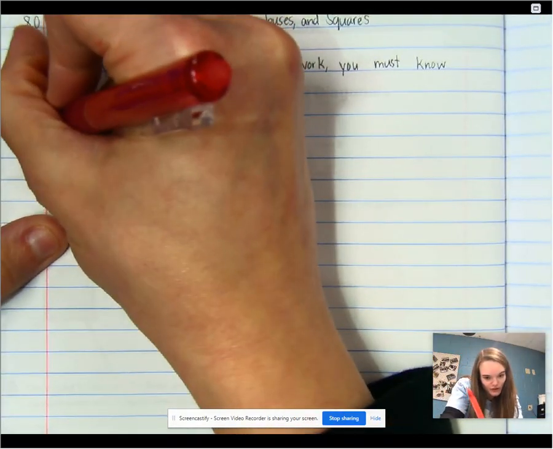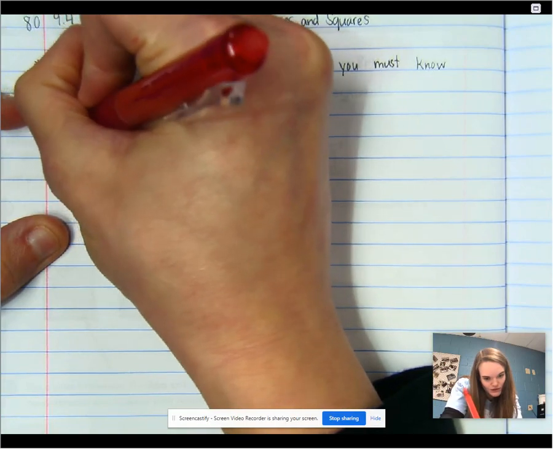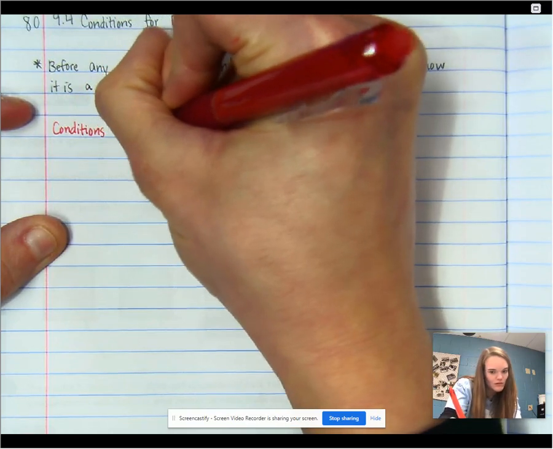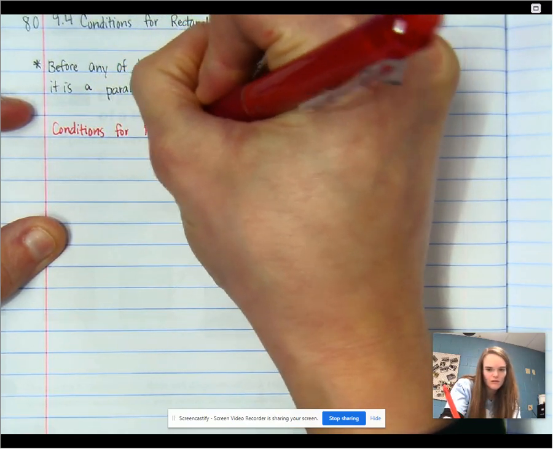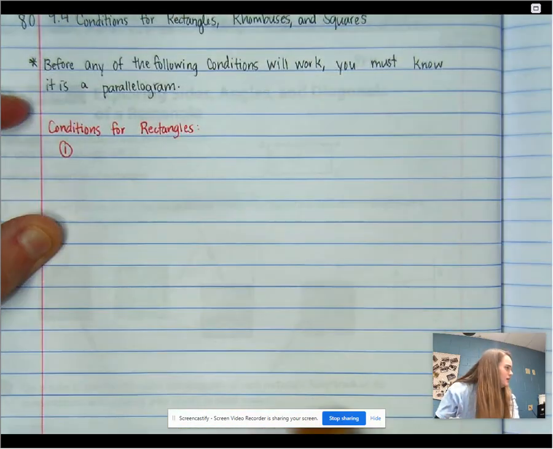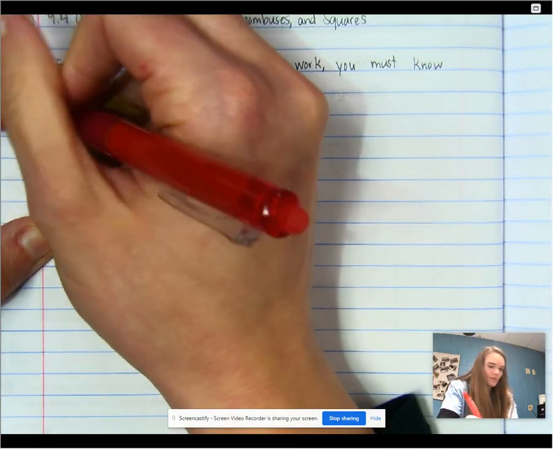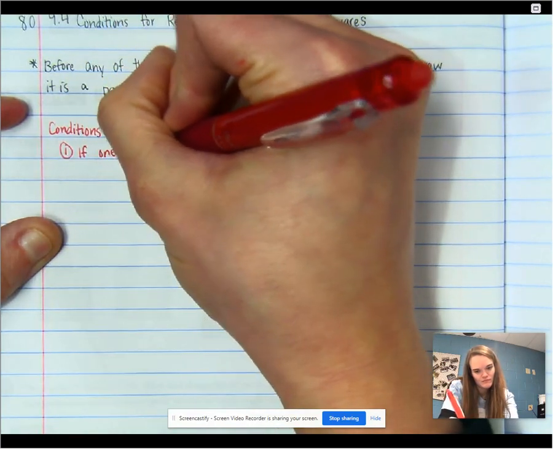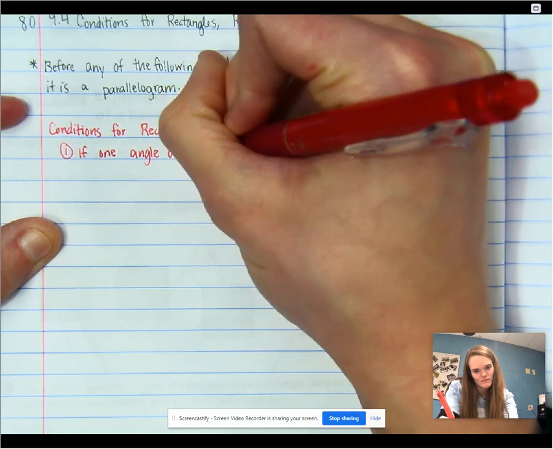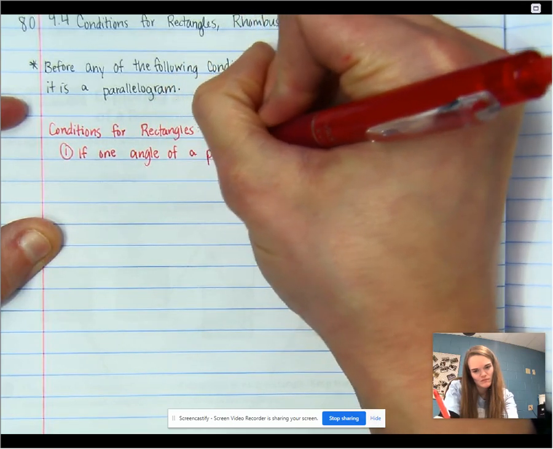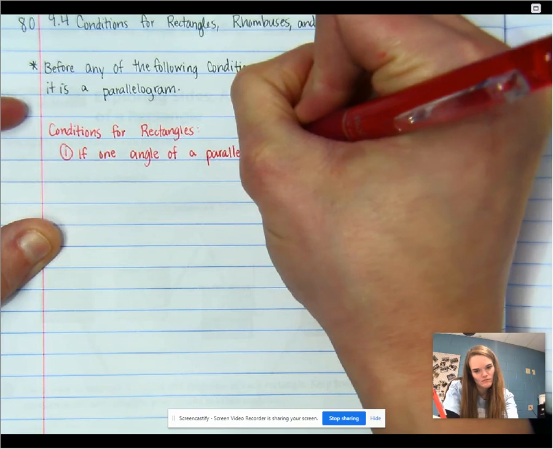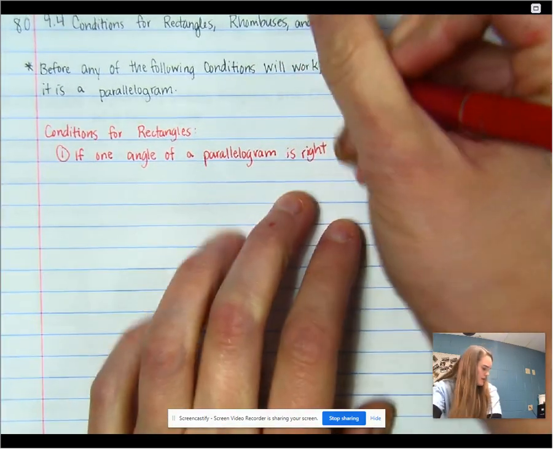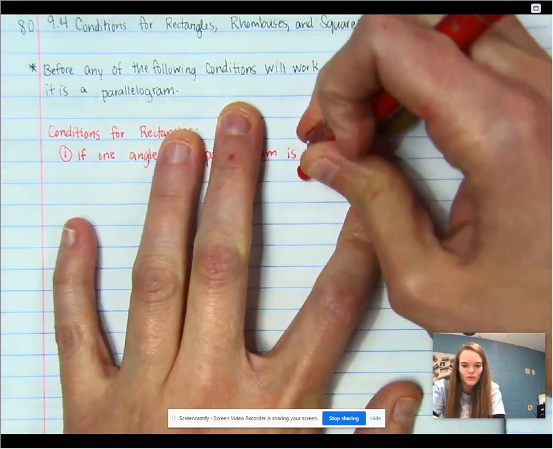So conditions for a rectangle. First one, if one angle of a parallelogram is a right angle.